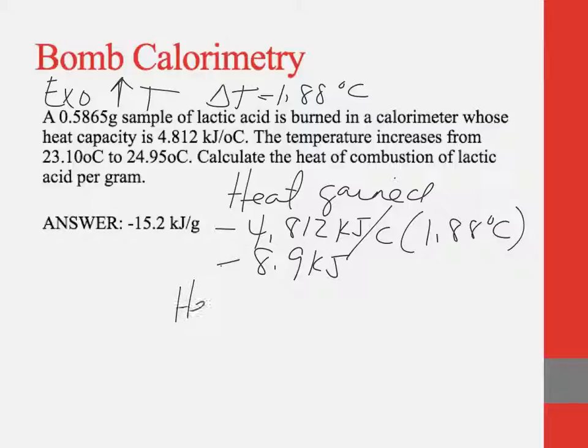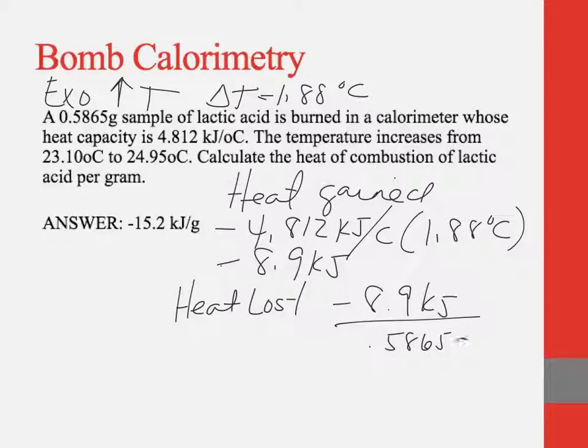And then our heat lost is going to be our negative 8.9 kilojoules divided by our grams, so we get kilojoules per gram is 15.18 kilojoules per gram.